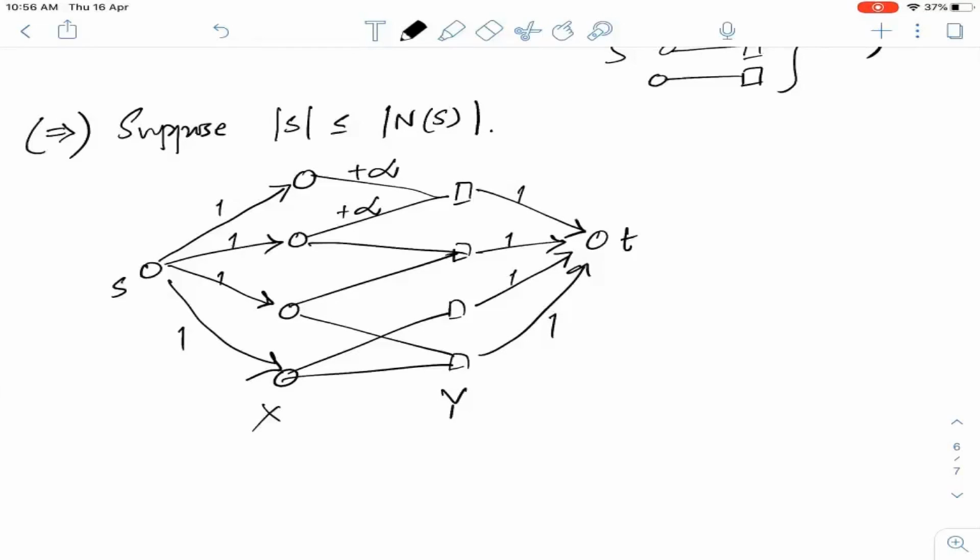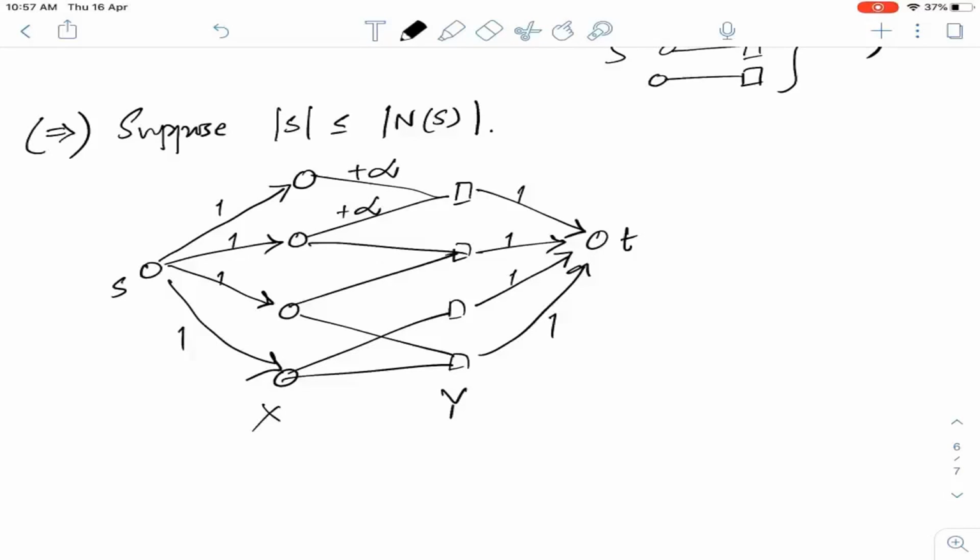Great. So now let's ask ourselves this question. What is the value of the min cut in this network? Or what is an upper bound on the value of the min cut?